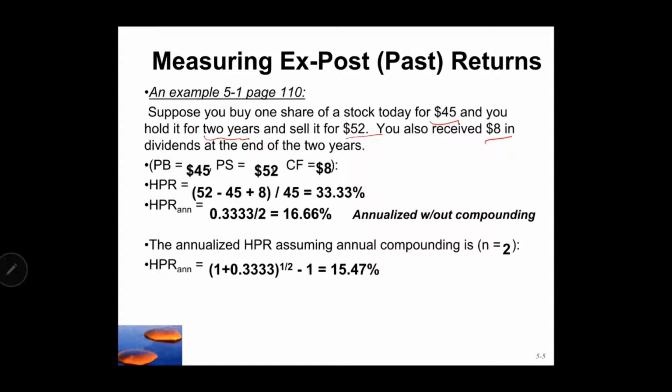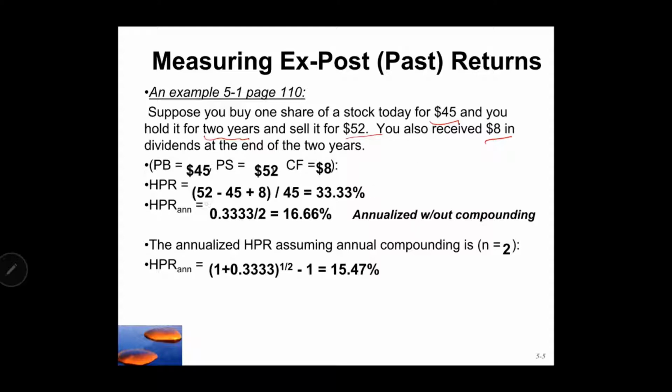So your beginning price is $45, ending price is $52, and the cash flow generated through dividends is $8 at the end of the 2 years.